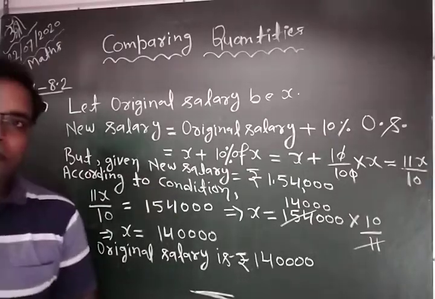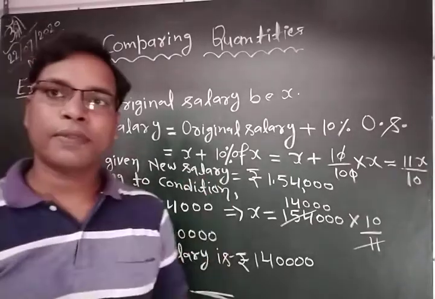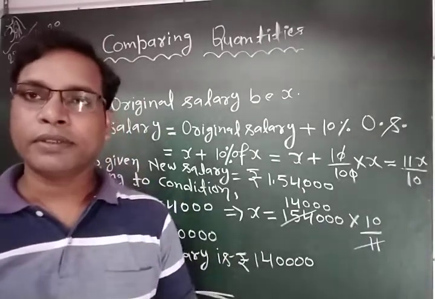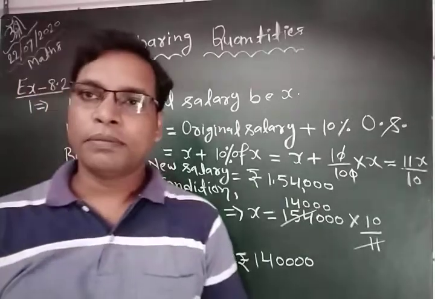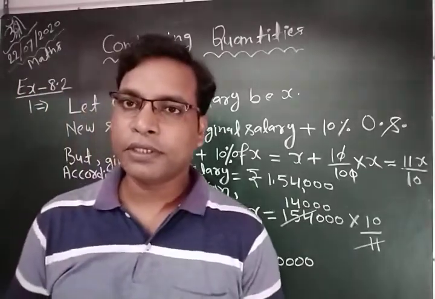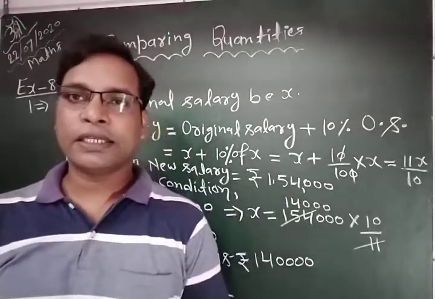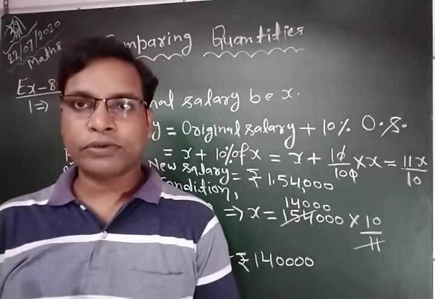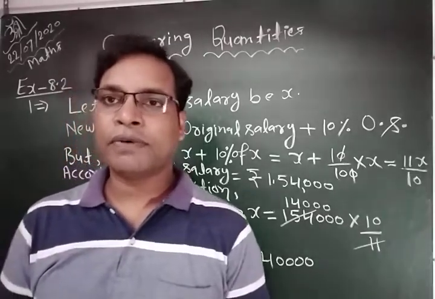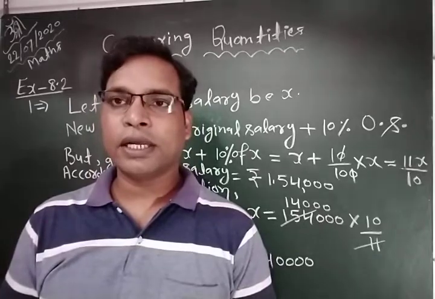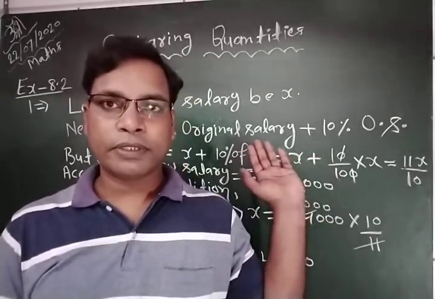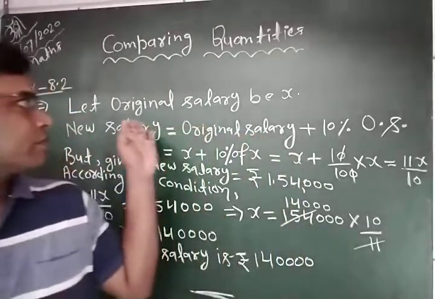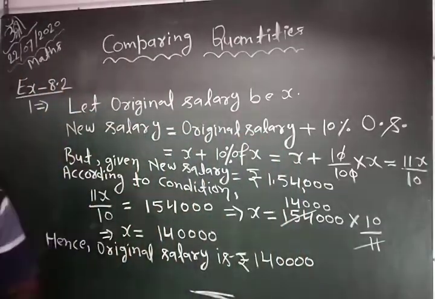So student, I hope all of you understood this question, because in this question the new salary is given as 1,54,000 and it is an increase of 10% of his original salary, then find the original salary of the man. Okay, so first, since the increment is 10%, we will let the original salary be x.